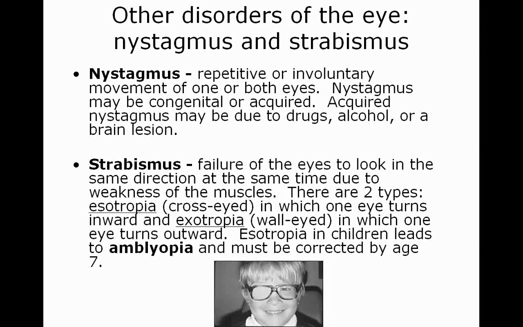A person that has strabismus and one of their eyes is looking outward while one eye is looking straight, that's very uncomfortable. Or maybe one of the eyes is looking towards the nose while the other eye is looking straight out. That's very uncomfortable, and the person's brain over a period of time will turn off the vision to the nerve to that eye that's looking the wrong direction.